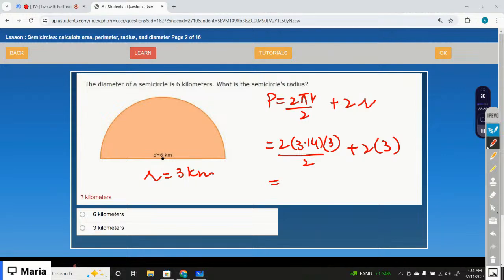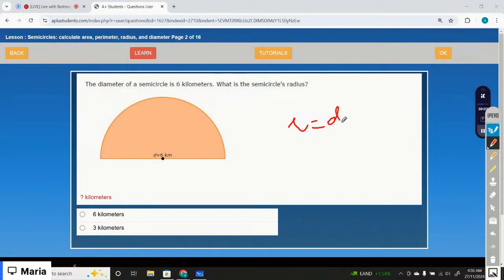Oh, you just have to calculate the radius. You don't have to calculate the perimeter. Radius is diameter divided by 2, so 6 divided by 2 is 3. Option number 2 is the correct option. That is 3 kilometers.